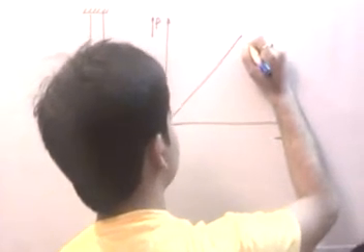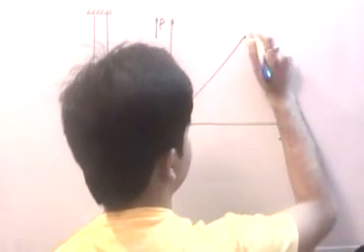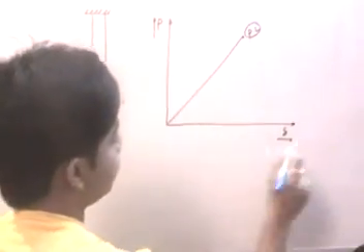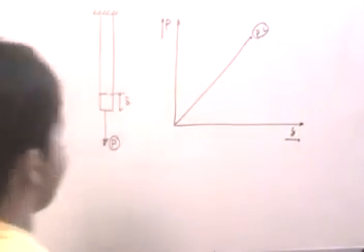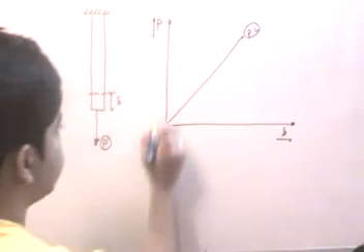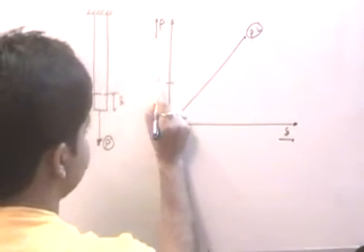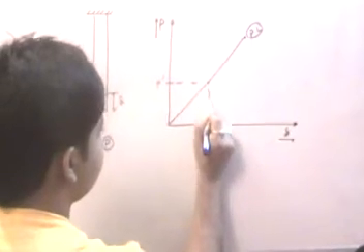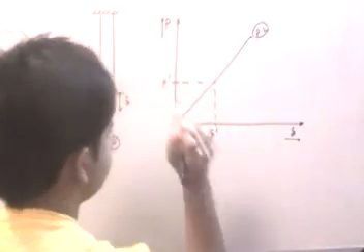So till this point, that is, let's say, the proportional limit, we have the value of P proportional to delta. Now let us say this is one value of P, suppose P dash, and the corresponding value of delta at this point is delta dash.